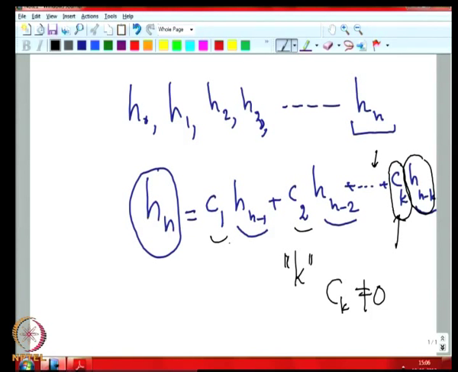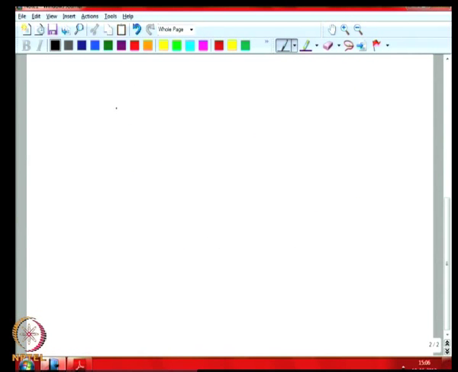Also note that this is called a linear recurrence relation because in each term we are only using h n minus 1, h n minus 2, etc. We are not combining them. For instance, no terms of the form h i times h j, or h i square, are used. So in that sense it is linear. And it is a homogeneous recurrence relation because we do not have a term which does not involve any previous terms.